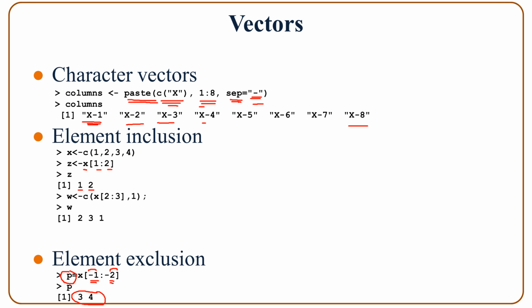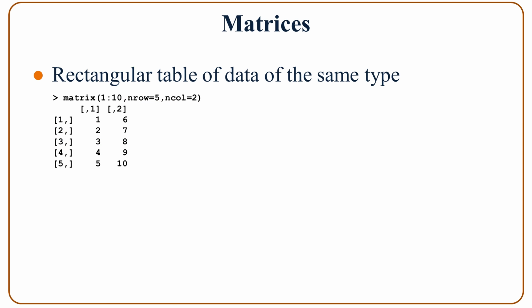The next type is matrices. A matrix is a rectangular table of data of the same type. So if you want to create a matrix, you call the matrix function and give it the data. The data here is a vector with elements from 1 to 10, and say how many rows you want and how many columns you want. You can just give it 5 and 2, right? And that's enough.